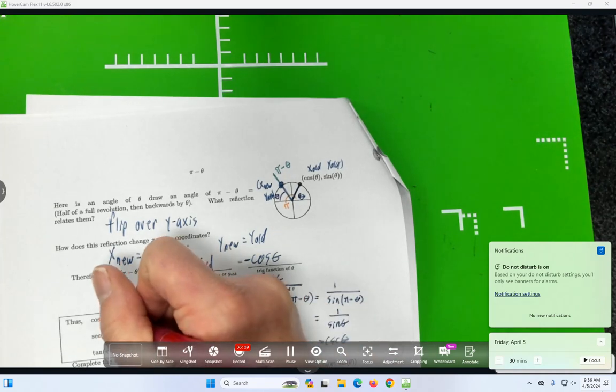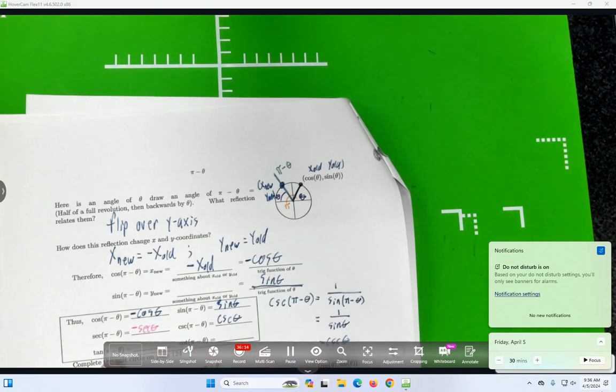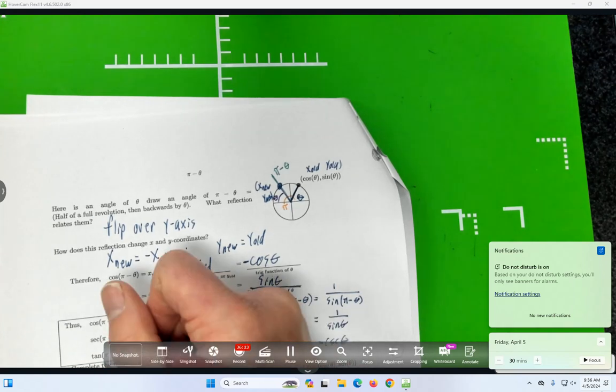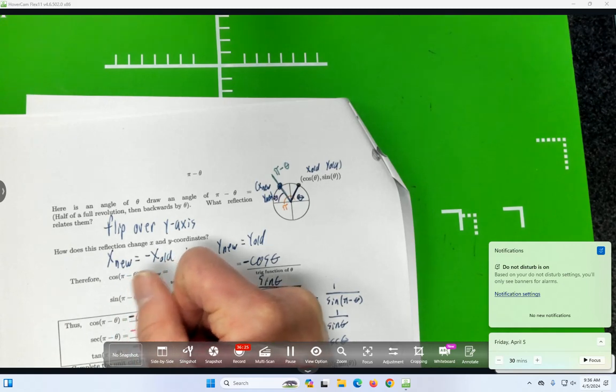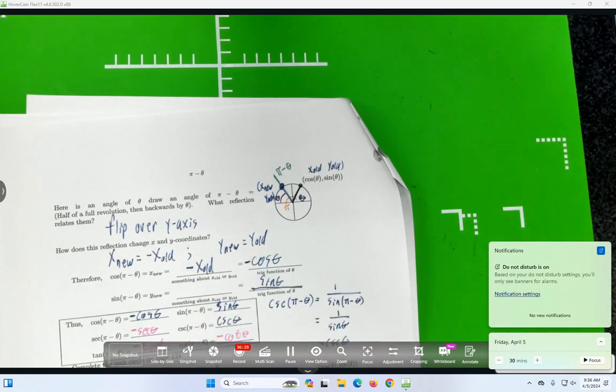So we'll wind up with negative secant theta there. Tangent is sine over cosine. The denominator will become negative, so I can just pull that negative out. Cool. Folks feel pretty good?